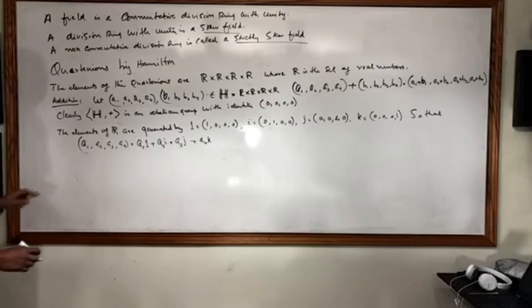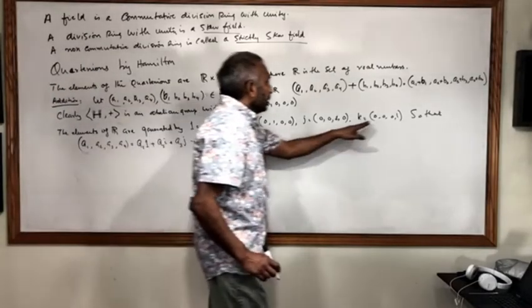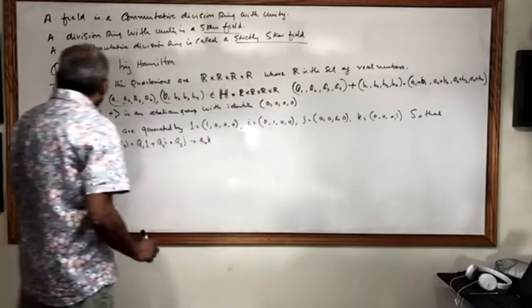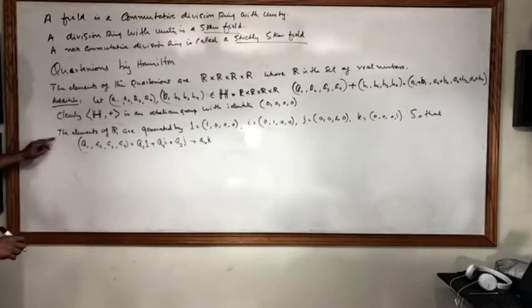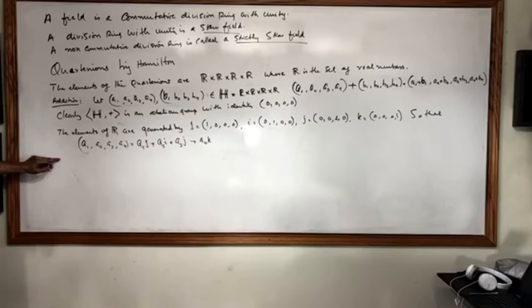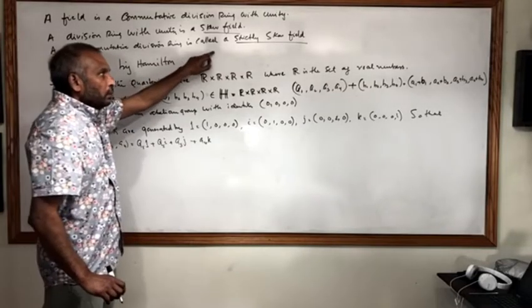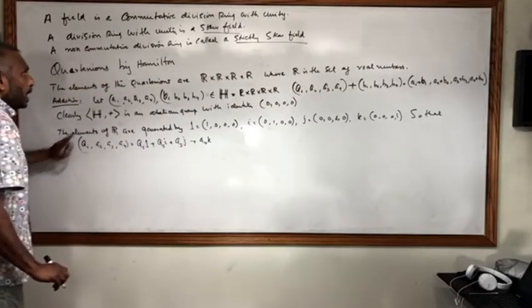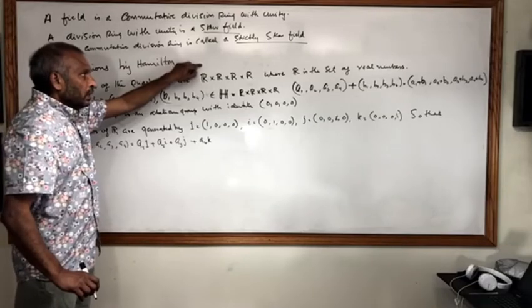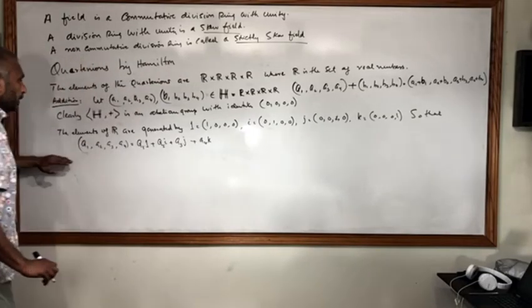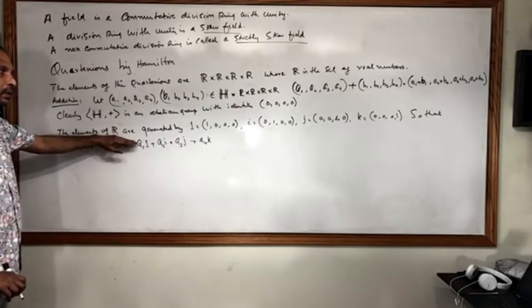So with these generators we are going to define the multiplication. When we define the multiplication, the multiplication should be non-commutative, it has to be associative, and it should have an inverse for every element.